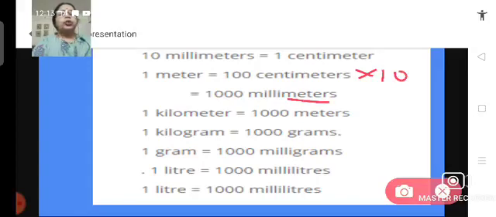Similarly, 1 kilometer is equal to 1000 meters and 1 kilogram is equal to 1000 grams. 1 gram is equal to 1000 milligrams. The unit of measurement of capacity, liter: 1 liter is equal to 1000 milliliters.